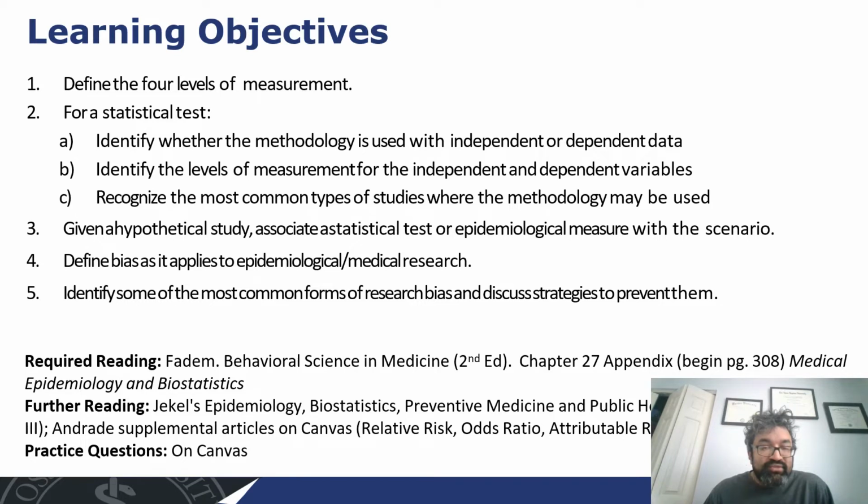And then we went over null and alternative hypotheses yesterday, but given a hypothetical study, associate a statistical test or epidemiological measure with the scenario. And then define bias as it applies to epidemiological medical research. And then identify some of the most common forms of research bias and discuss strategies to prevent them.